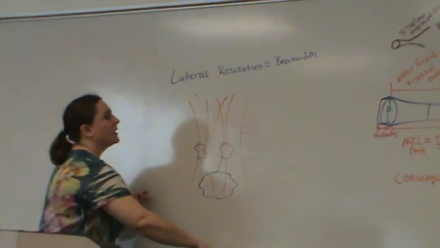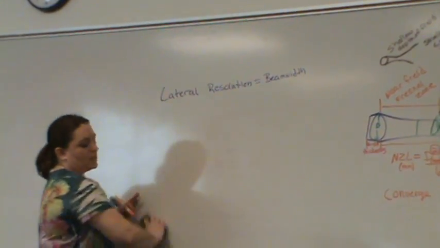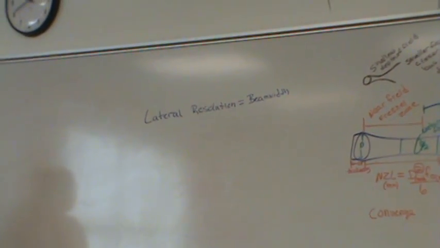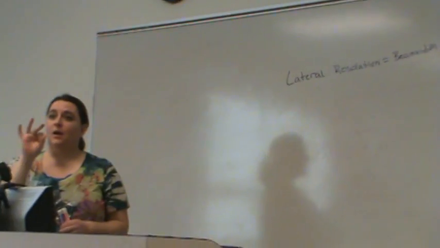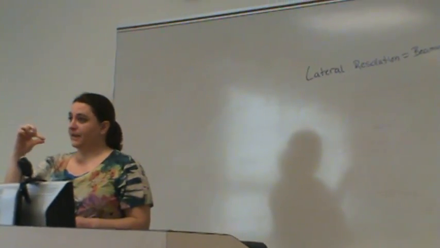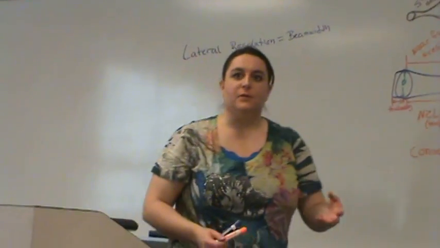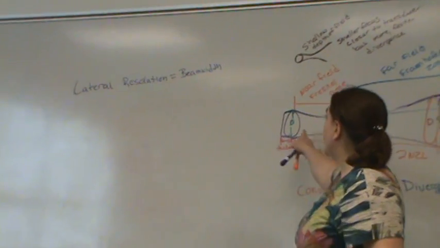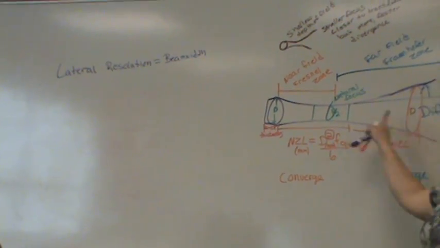And you guys kind of experienced that when you were doing some of your lab experiments, when you were looking at the phantom. Remember the pins inside the phantom? Some of the pins would look like the dot that they're supposed to be, but others look like a dash. That's a lateral resolution problem. And they look like those dashes in the really, really near field or way out in the far field. And this is why.